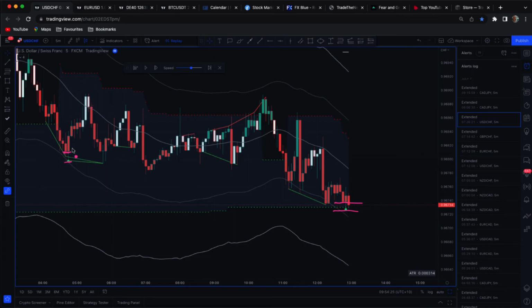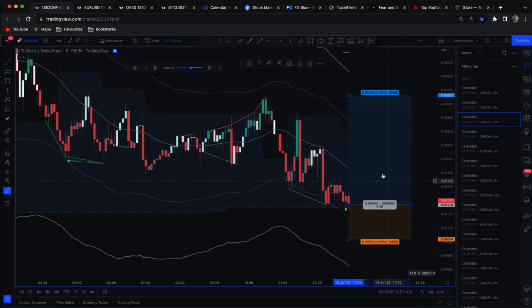This one took off without you because you're waiting for the next candle. That's the next candle there, and it didn't pull back in. Let it go. Doesn't matter. You want the next candle to pull back into the zone, into this range. In this case, there's our entry point right there.